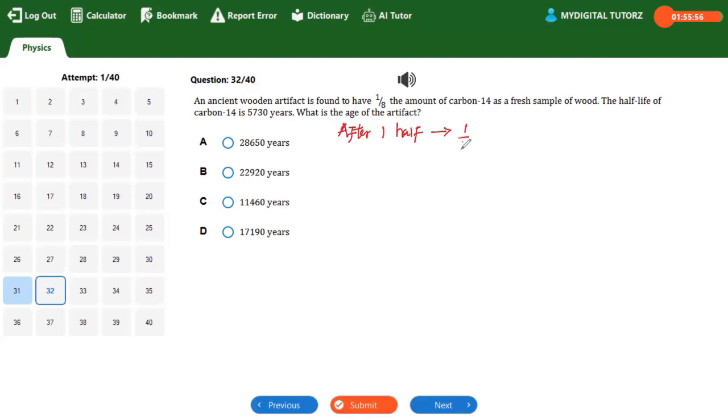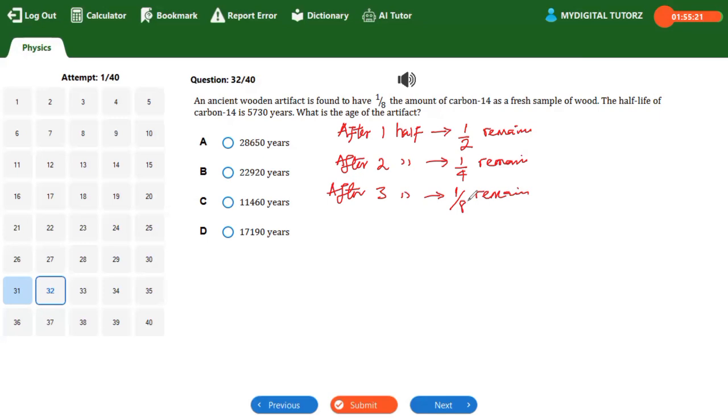So 1/2 will now be remaining, right? After another half-life, after the second half-life, we have 1/2 of this, that will give us 1/4 remaining, right? Then after the third half-life, we have half of 1/4, that will give us 1/8 remaining.